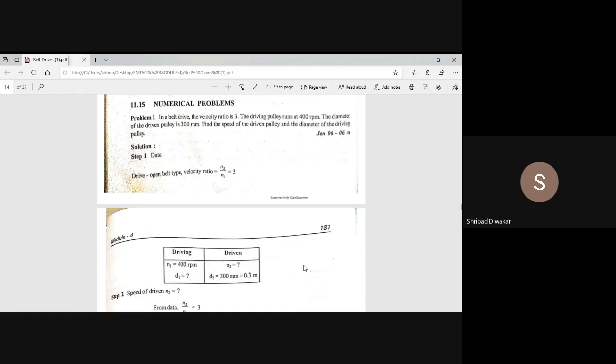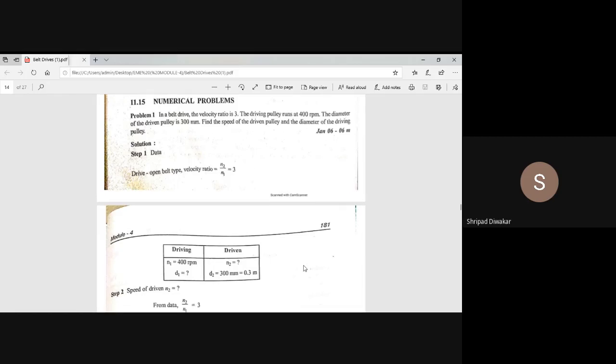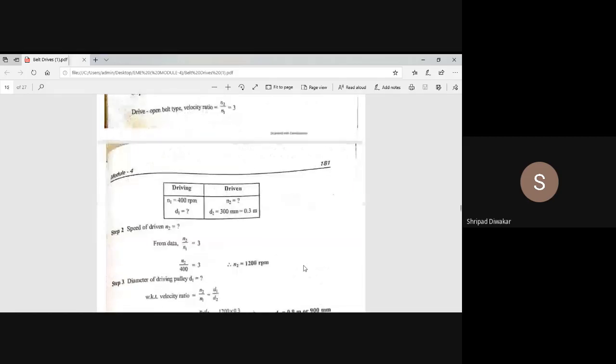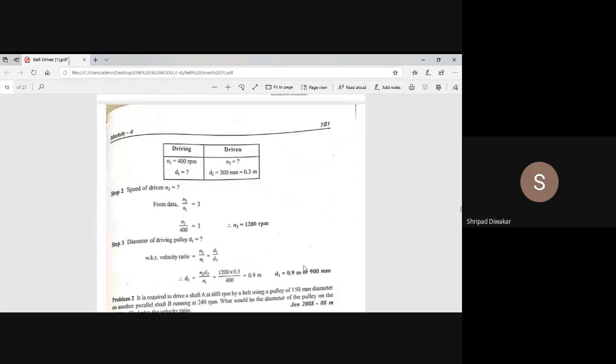Then how we are going to find this value: just put N2 by N1 equals 3. N2 we don't know, N1 is given 400 RPM. So N2 is 400 into 3, 1200 RPM. You remember, the speed of driver pulley is low, whereas speed of driven pulley is higher.